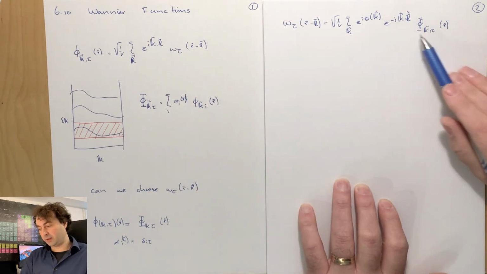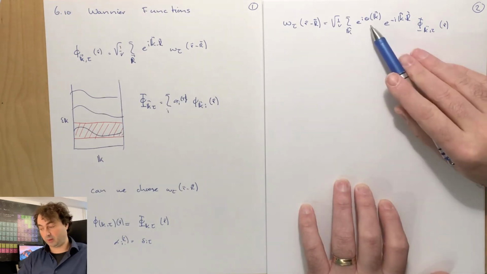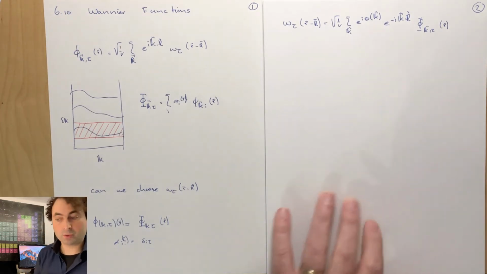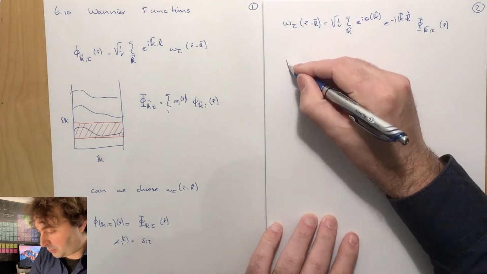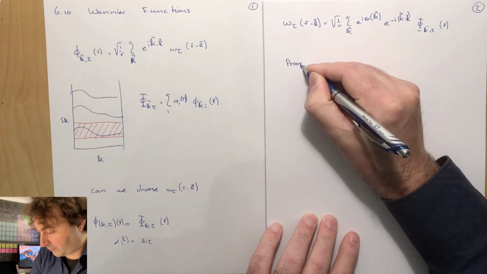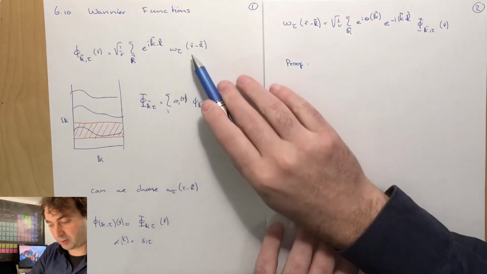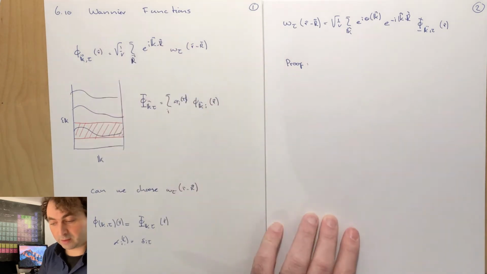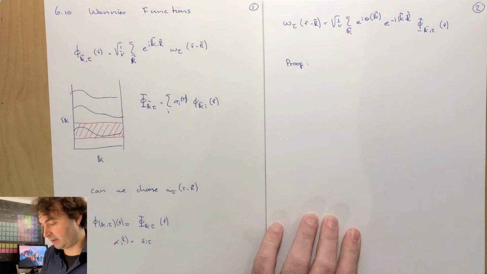Of course, where the Bloch state would not change, the local wave function will definitely depend on how I choose this phase function. But let me first prove that this is indeed a local Wannier function, such that when we generate Bloch waves out of them, we get the eigenstates.